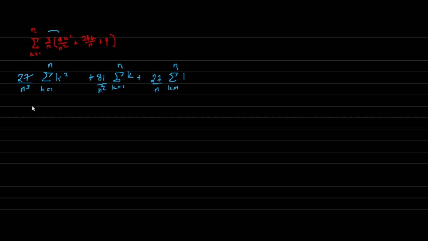So now I can further expand this. You should remember the formulas for your sums. Obviously, they have their own derivations, but when you're calculating, you need to know. So k squared is 1 over 6 times n into n plus 1 into 2n plus 1, plus 81 over n squared plus half n into n plus 1 and 27 over n times n.